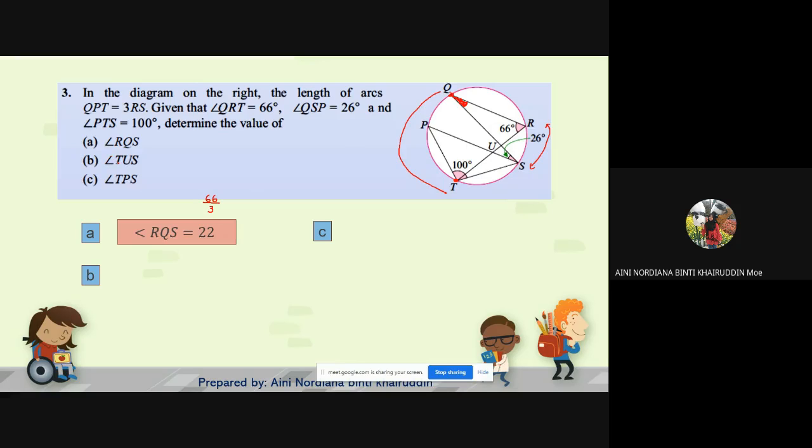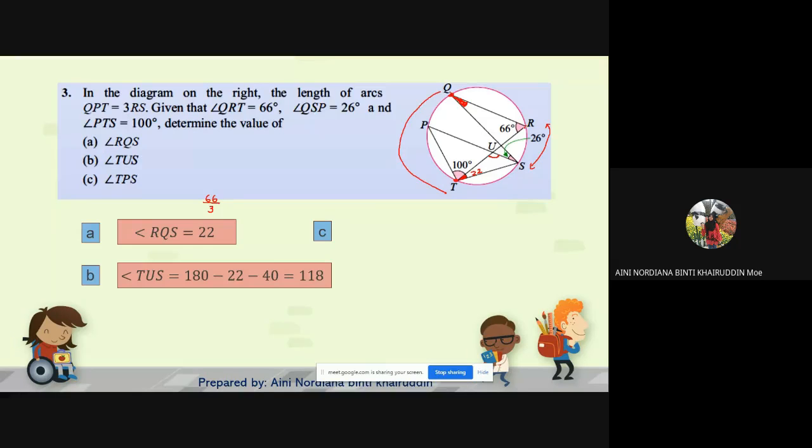B, angle TUS. So we want to calculate this angle. This is 22. Why 22?